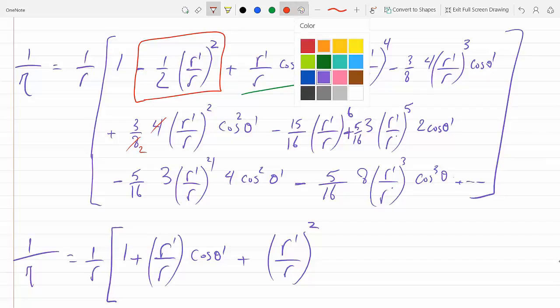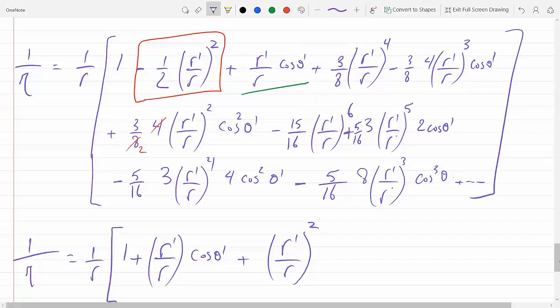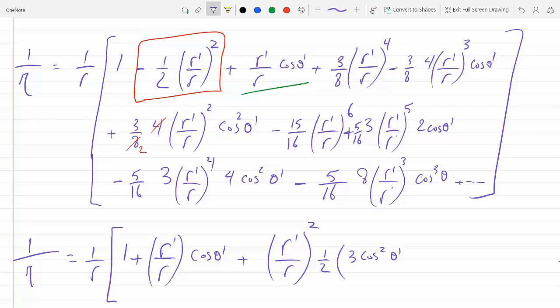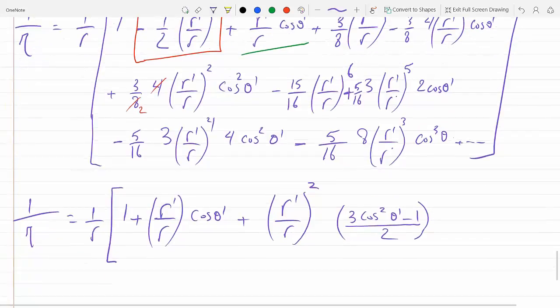I could pull the half out, so this is 3 cosine squared theta prime minus 1, or let me just put the whole thing over 2, it's better to keep it concise. Now we'll go to the third term, and we'll stop on the third, because from there hopefully we'll catch the pattern.